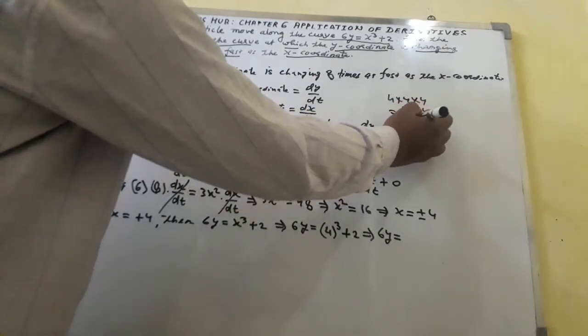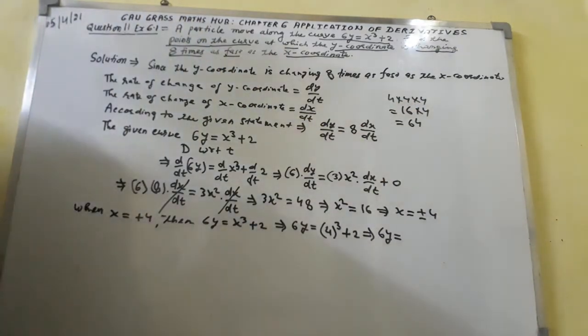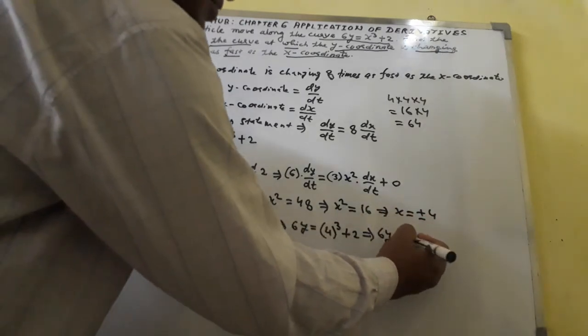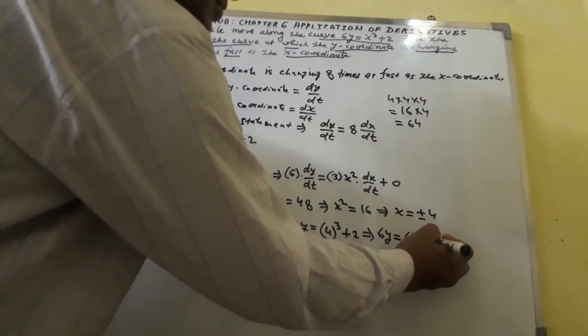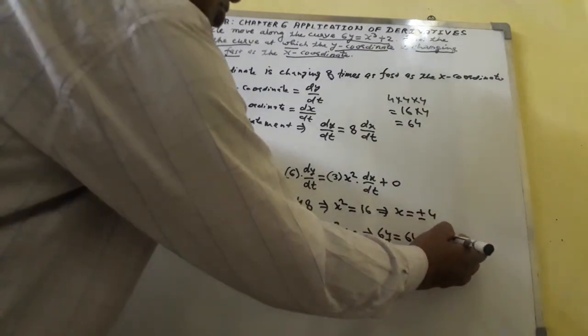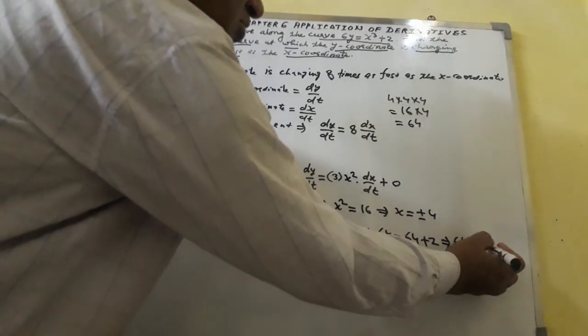You will get here 64. 4 fours are 16, 4 sixteens are 64. You have got here 64 plus 2, we will get here 6y equal to 66.